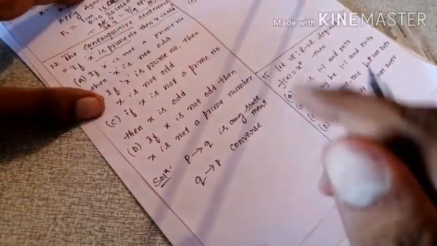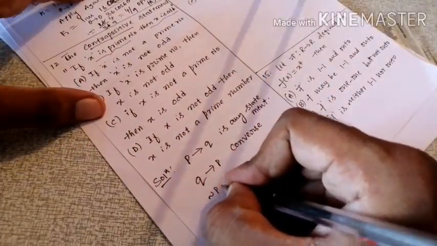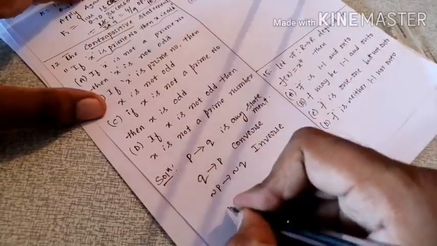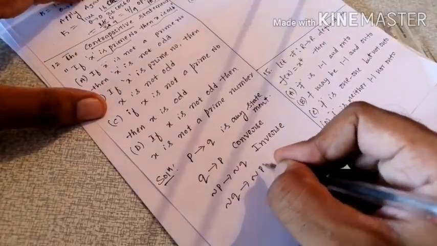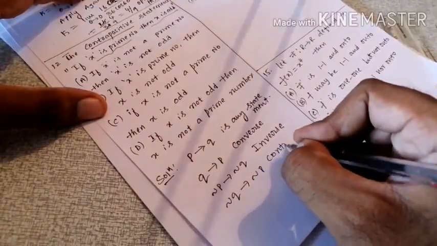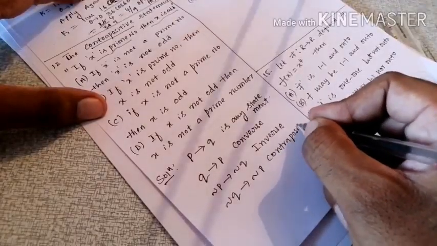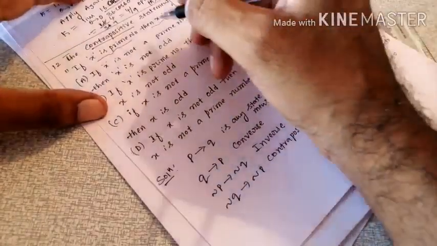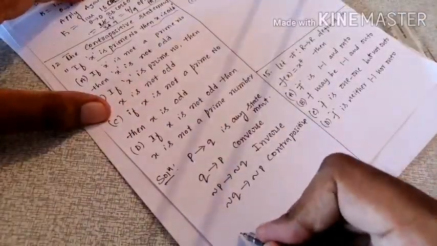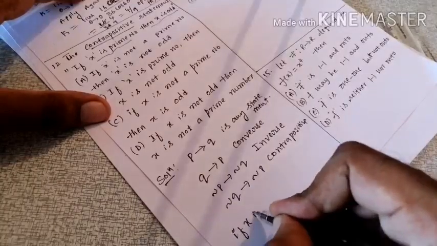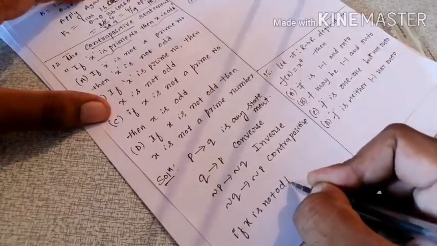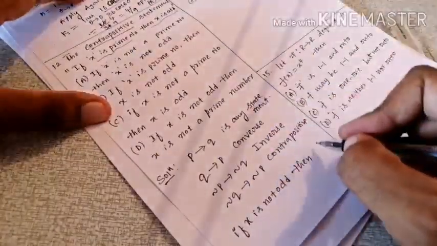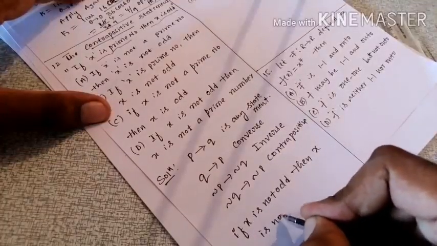Next, negation P implies negation Q is called inverse, and next negation Q implies negation P is called contrapositive. Negation means not. We have to put not. Here the Q statement is x is odd. So therefore, if x is not odd, then negation P means the first statement, prime number, x is not prime number.